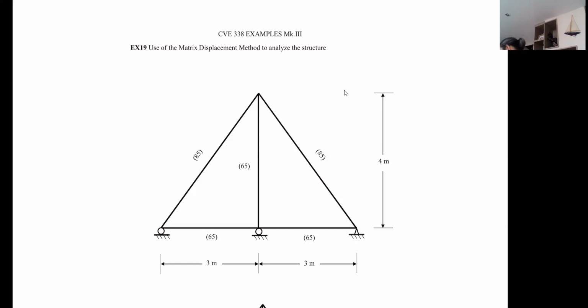And the last time nobody finished the moment distribution, and then you guys all disappeared as usual. So nothing I can do about that.